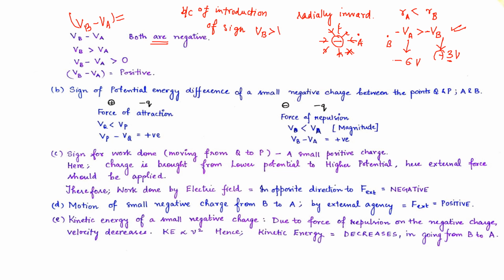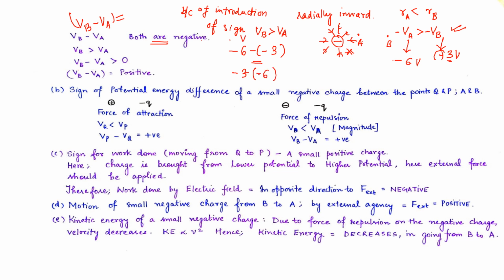Because of the introduction of sign, VB is greater than VA. So minus 3 minus of minus 6, if we are bringing, then there will be some differences over here. So both are negative in such a case.